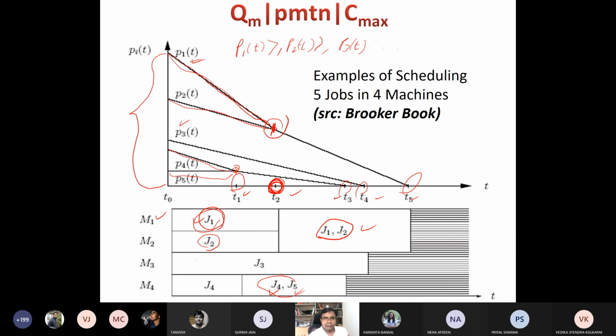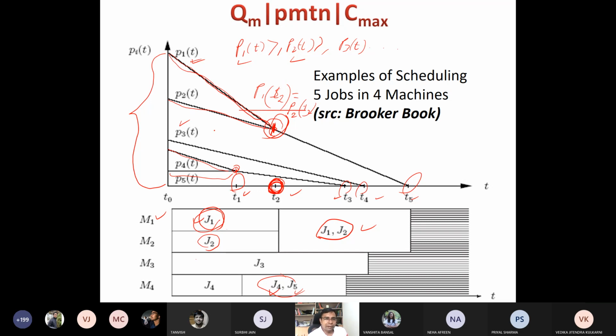So in this case, earlier P1(t) is greater than P2(t), but at time T2, suppose S is T2, at this point both are equal. Remaining time of P1(T2) equals P2(T2).